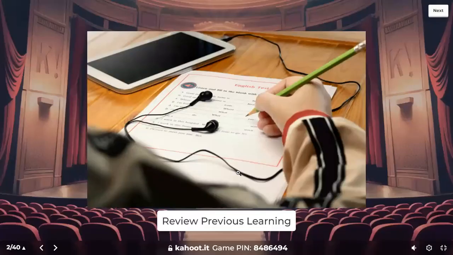Okay. Now, as usual, we're going to preview the previous learning. I think last time we dealt with reading comprehension. We were doing scanning and in-depth reading, and the question was filling out a flow chart, as far as I remember.